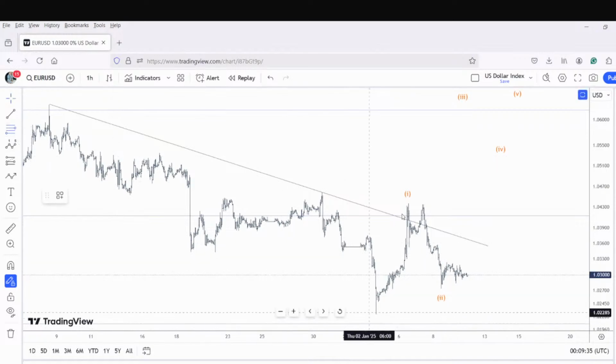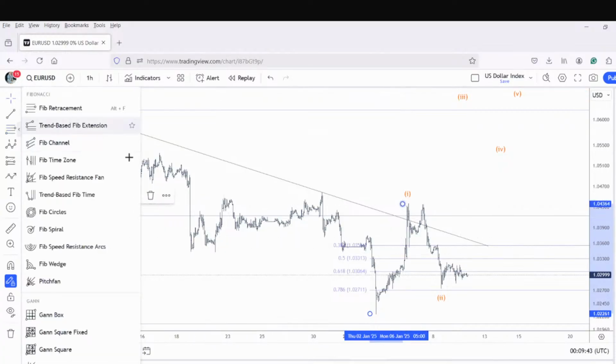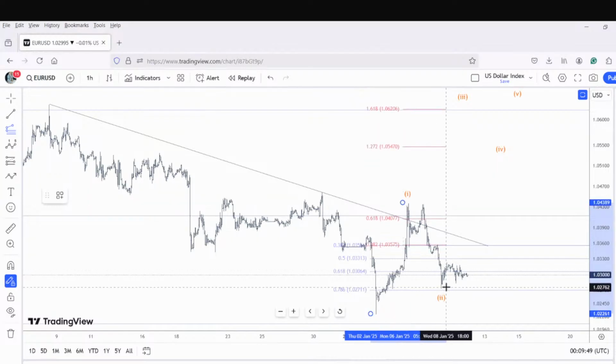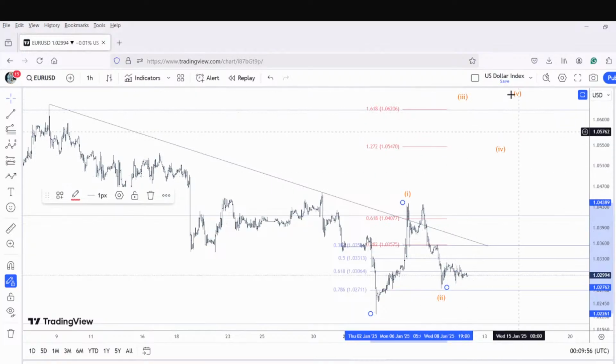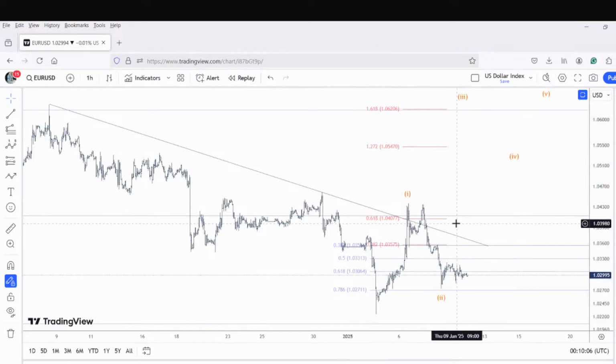Here's the trade setup with Fibonacci ratios on your screens. So the entry still remains valid, and that is where we are looking for price action to push higher.